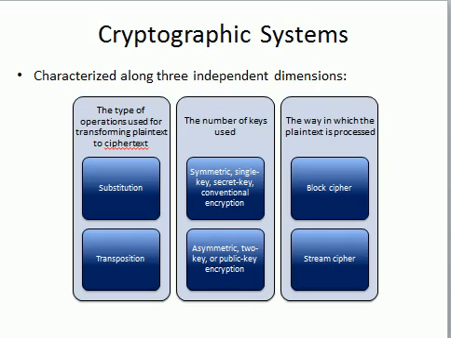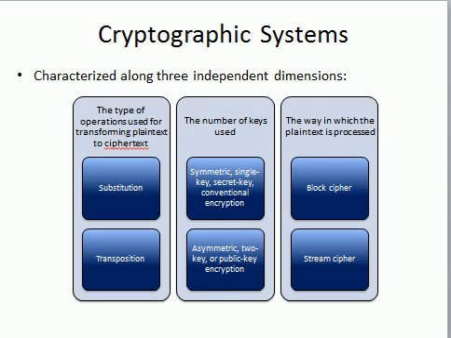Now, coming to the cryptographic system, it is characterized along three independent dimensions. The first one is the type of operation used for transforming the plain text to ciphertext. Examples for that are substitution techniques and transposition techniques. The second dimension is the number of keys being used.